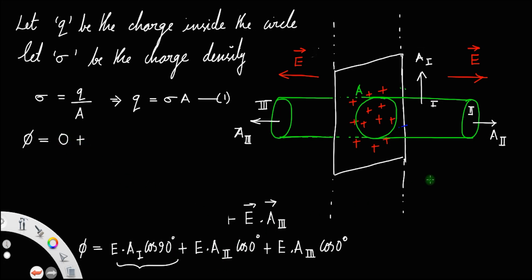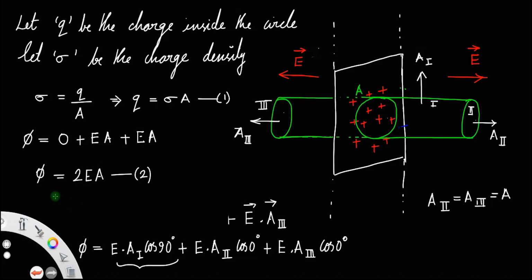Plus, remember we have A2 equal to A3 equal to A. These three areas are the same, equal to the area of cross section A. We already considered the area of the circle is A. So they all have the same magnitude, A. So this will be EA cos 0, with cos 0 equal to 1, plus here also EA cos 0 equal to 1. So phi is equal to 2EA. Let's call that equation number 2.